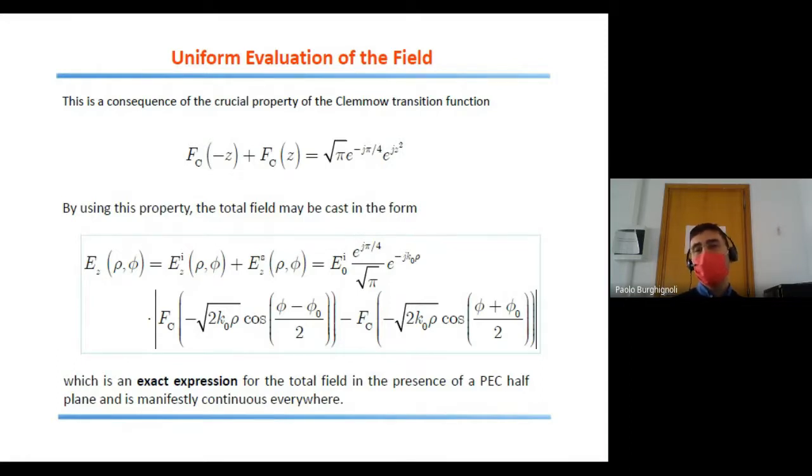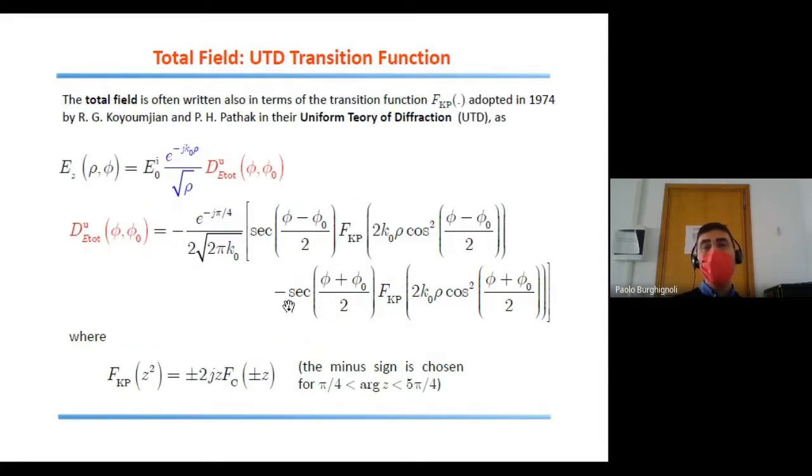However, it has complicated the dependence on the radial variable, which is not that of a simple cylindrical function anymore, but it's mediated by this kind of transition function. An alternative way of expressing the same total field makes use of a different transition function.